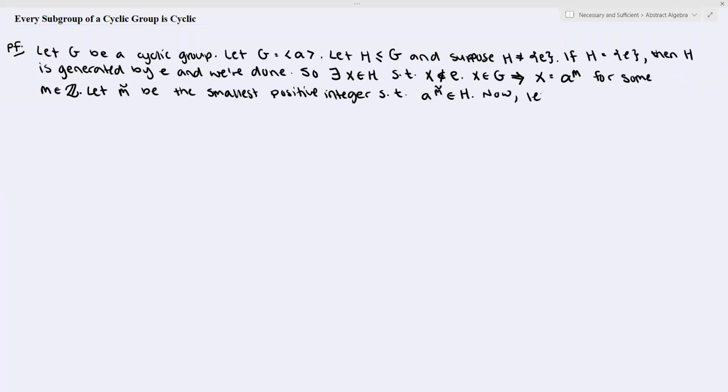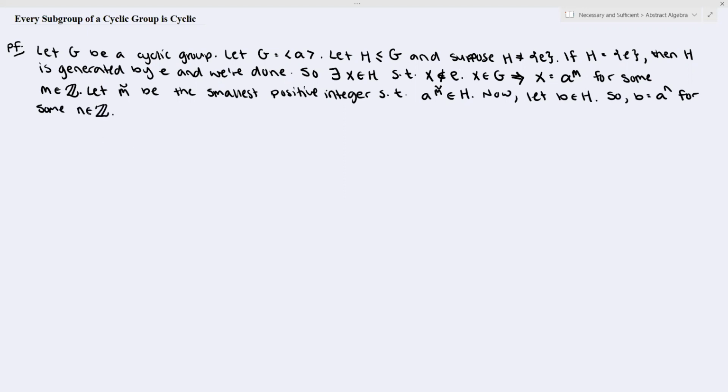Now, let B in H be any other element. Once again, since B is in H, it's also an element of G. So B is equal to A to the N for some integer N.